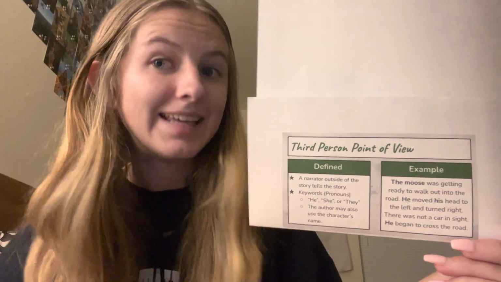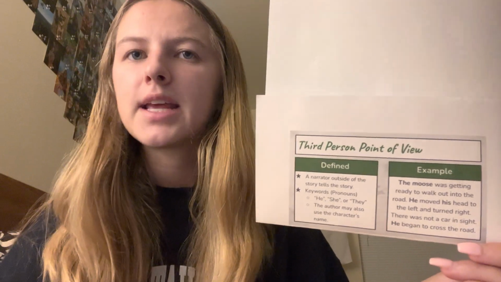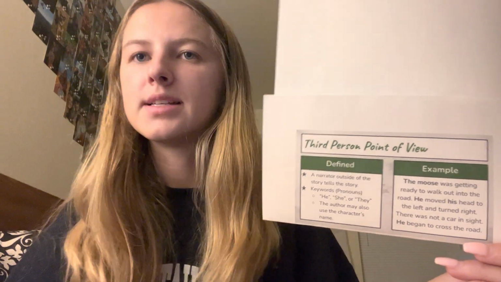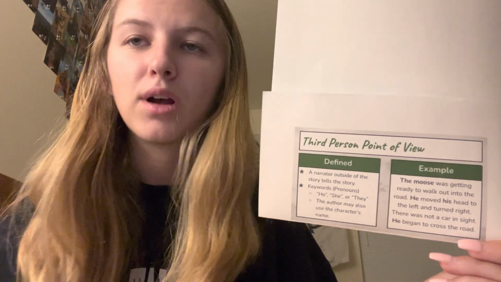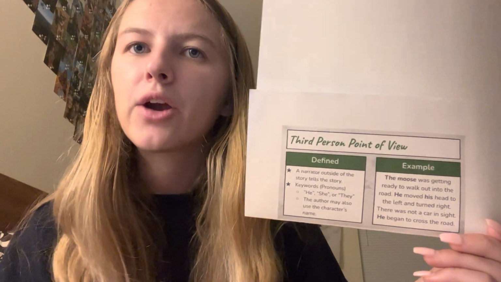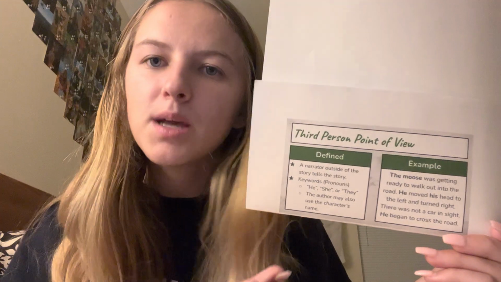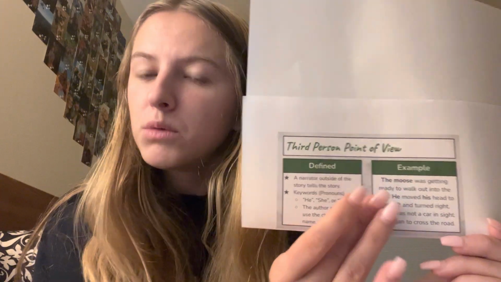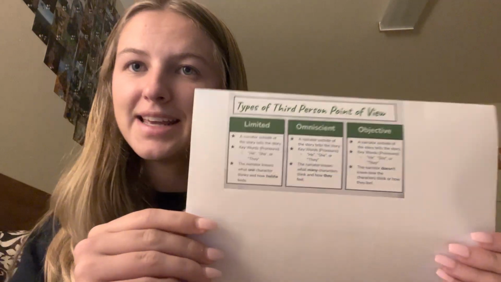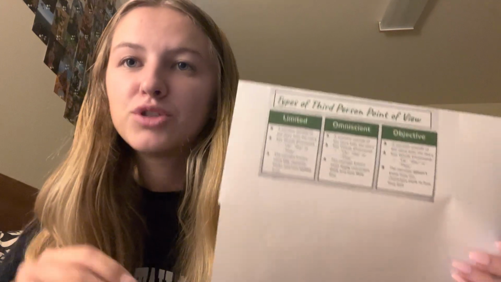He moved his head to the left and turned right. There was not a car in sight. He began to cross the road. So we can see that the narrator is talking about a story that happened to someone else. It happened to the moose. It did not happen to who was telling the story, okay? So there are 3 different types of third-person point of view: limited, omniscient, and objective.